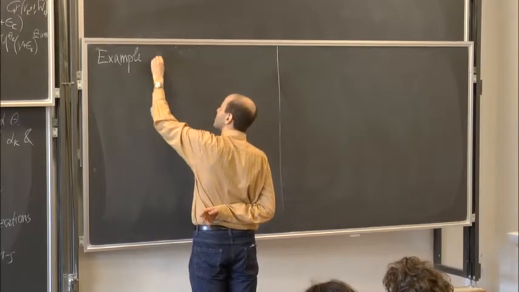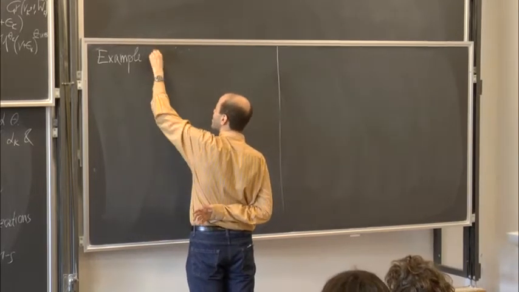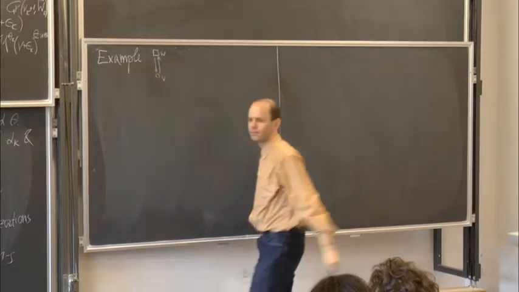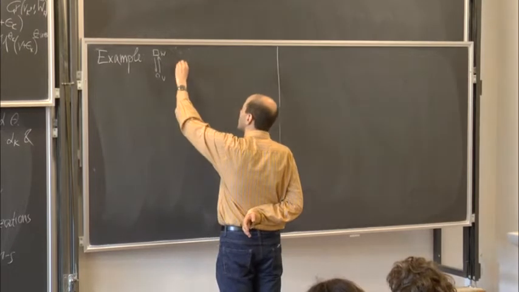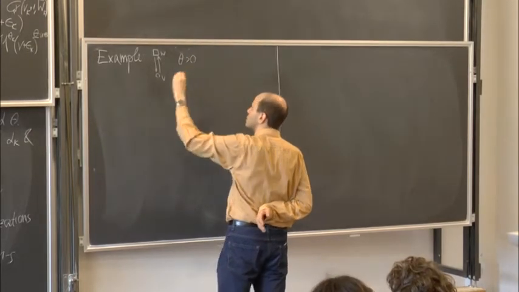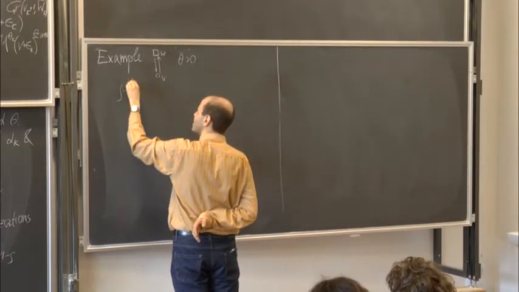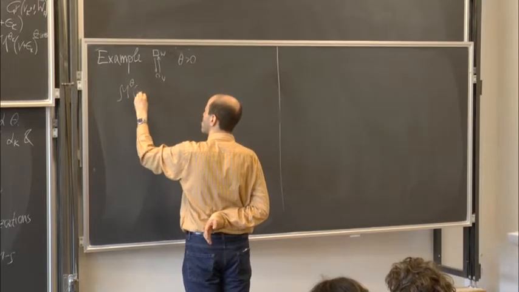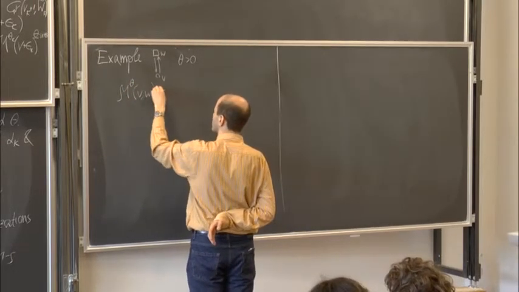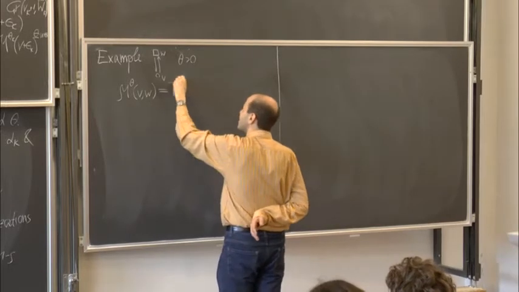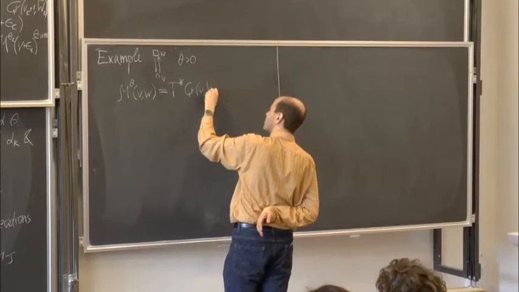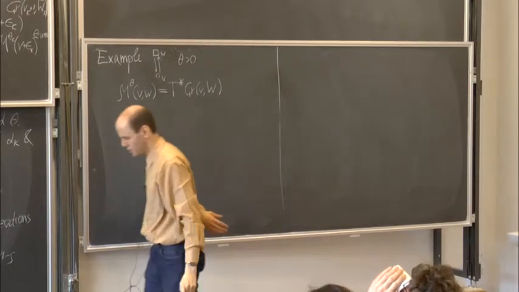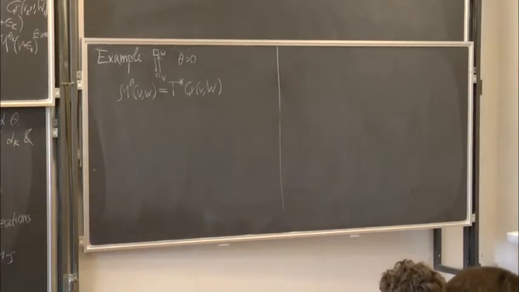When I say example, I mean that the Q will be such. And then, let's say theta is positive, then M theta V W is going to be T star of Grassmannian of V W. This is the Grassmannian of V-dimensional subspaces inside of a W-dimensional space.